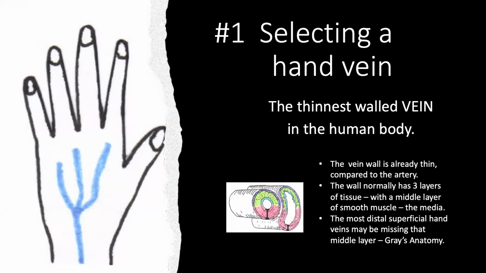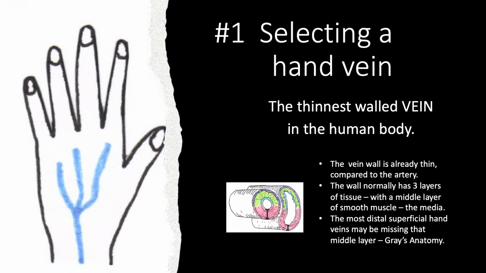Selecting a hand vein is the next problem. The hand vein is the thinnest walled vein in the human body when we're talking about superficial peripheral veins for venipuncture. Vein walls and all vessel walls have 3 layers of tissue with a middle layer of smooth muscle. It's called the media.